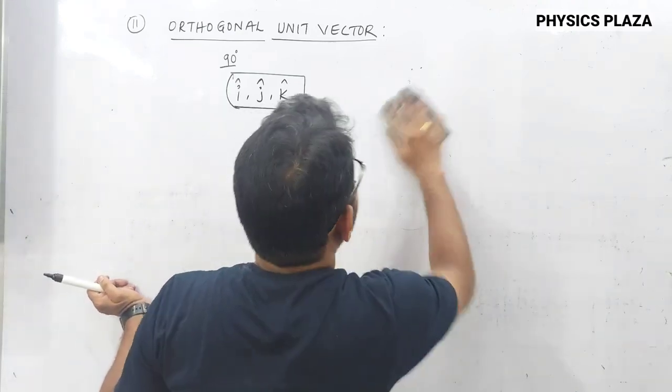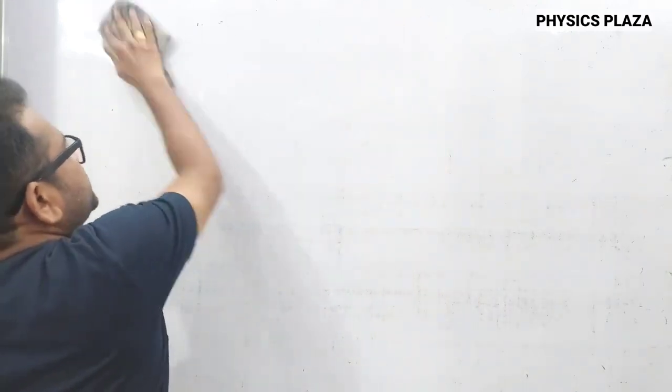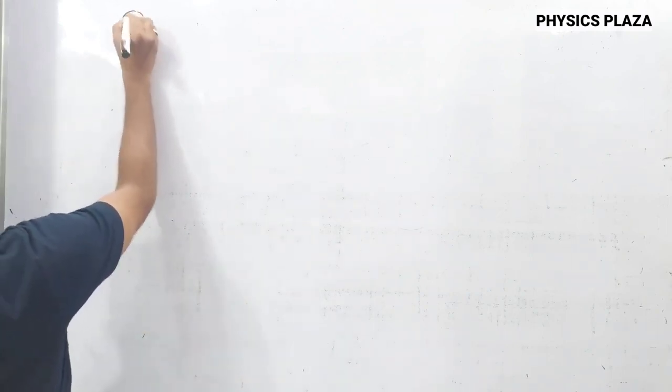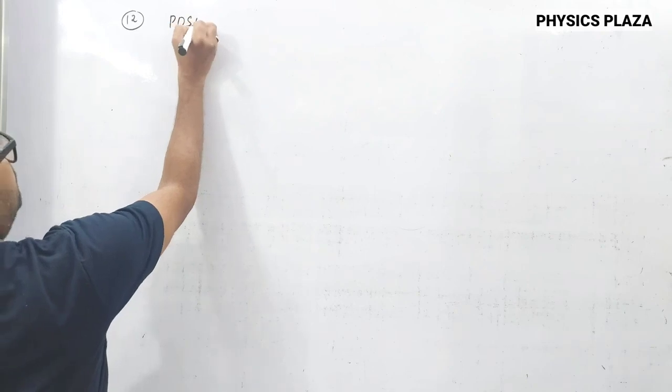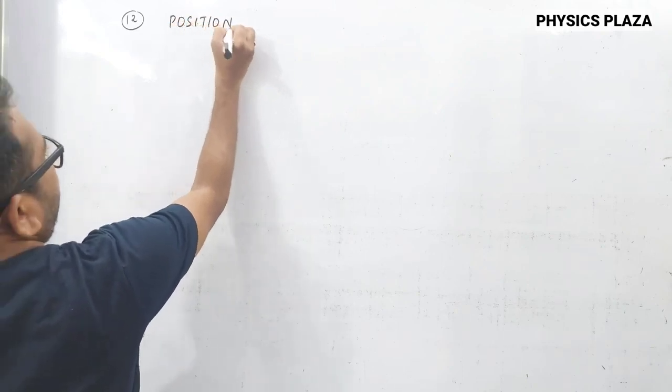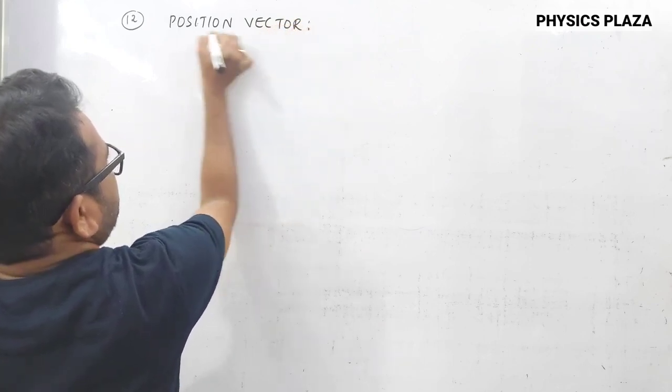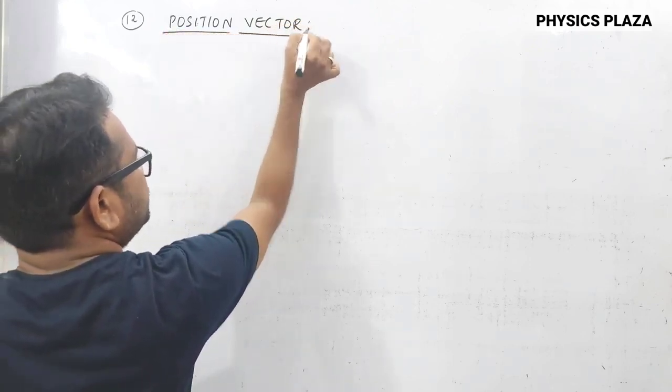Now, one more very important topic is the position vector. Children, this is very important. So let us discuss the position vector. The name itself will give you position.